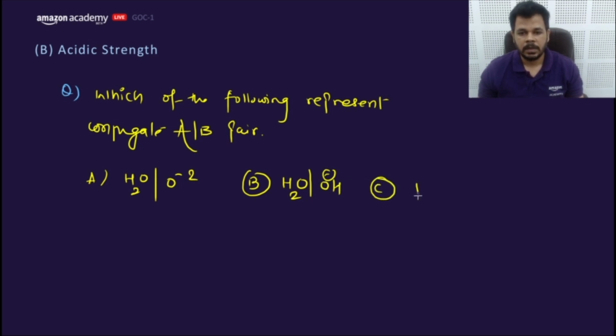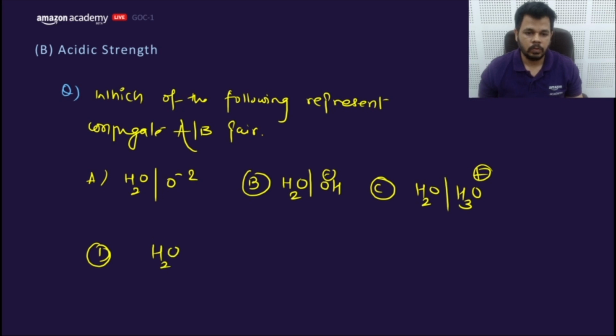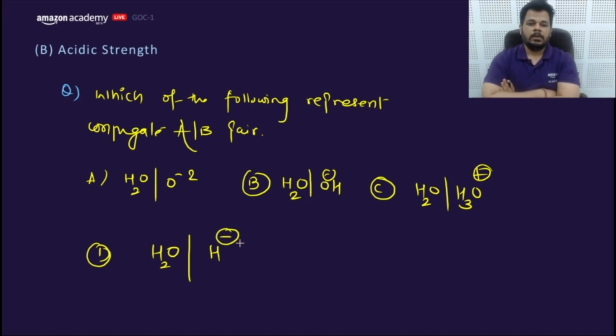C. H2O, H3O plus. D. H2O, H minus. Answer it. Which of the following represent conjugate acid base pair? This question may or might be multiple correct.